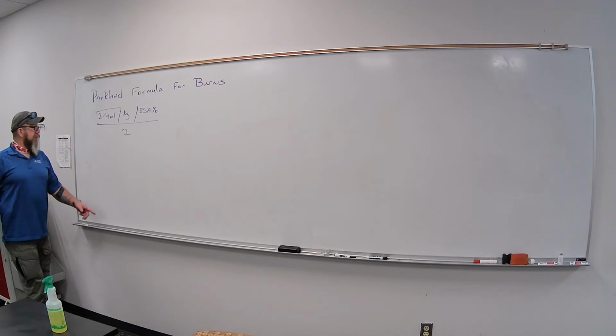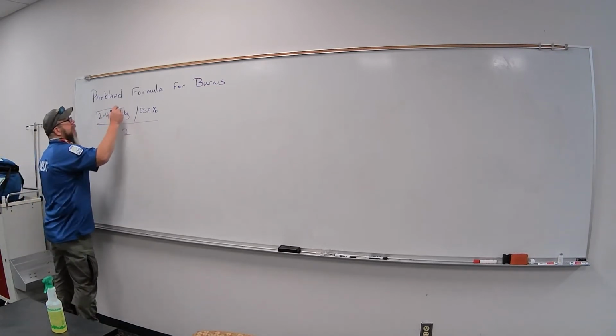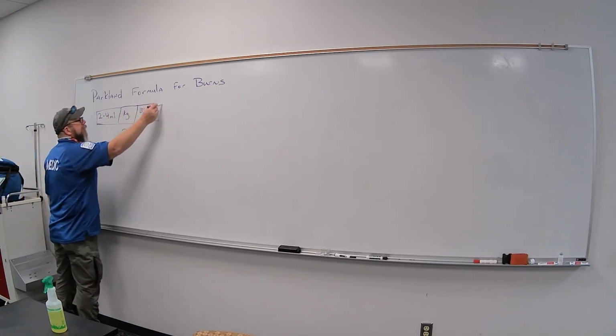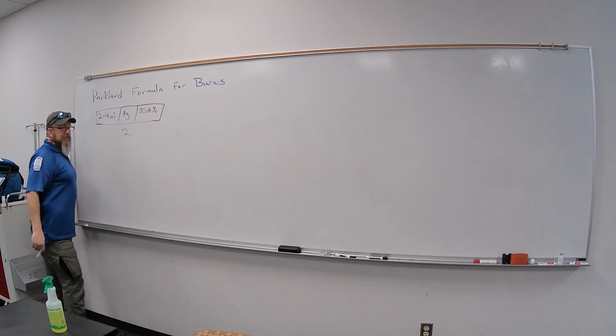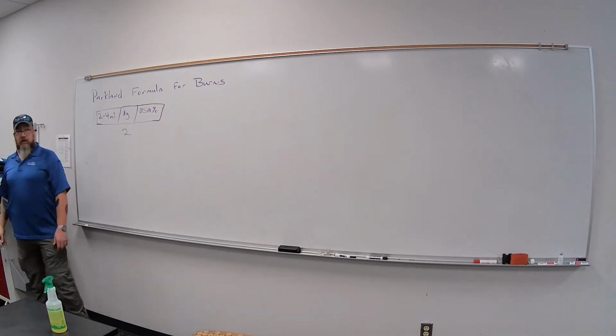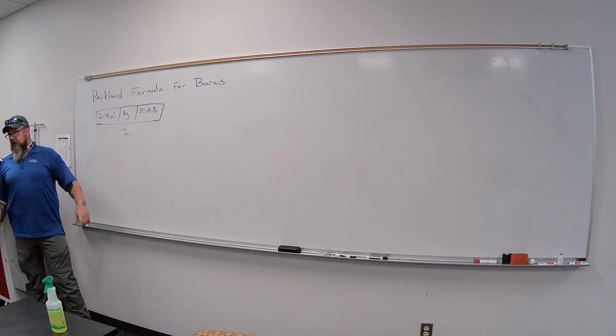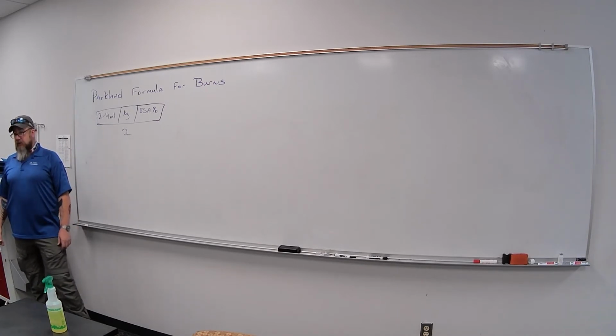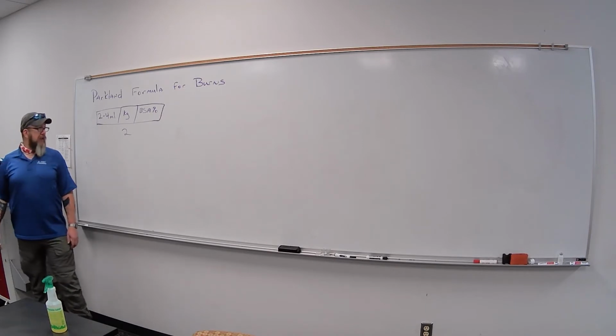So it's 2 to 4 mLs times kilograms times body surface area burned. Rule of 9, right? So there's a couple things you need to know here.